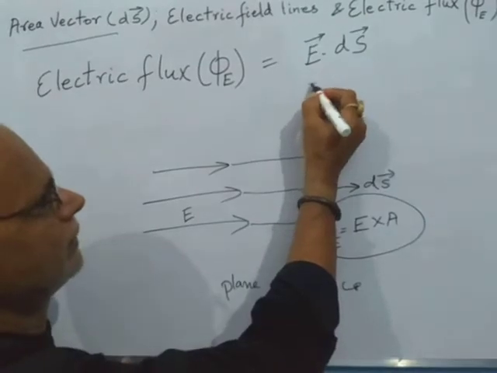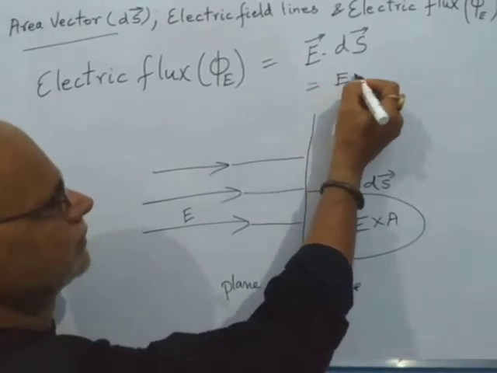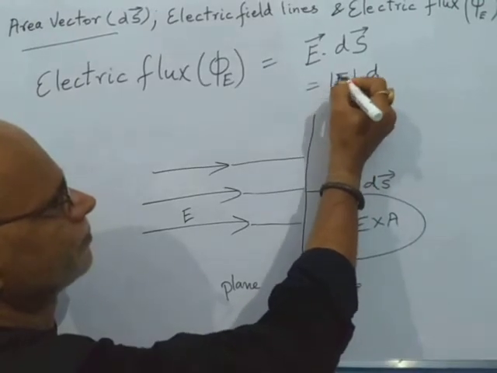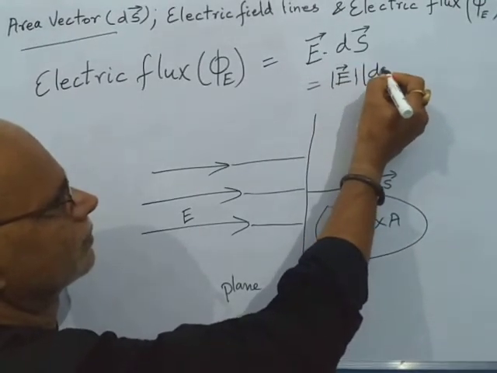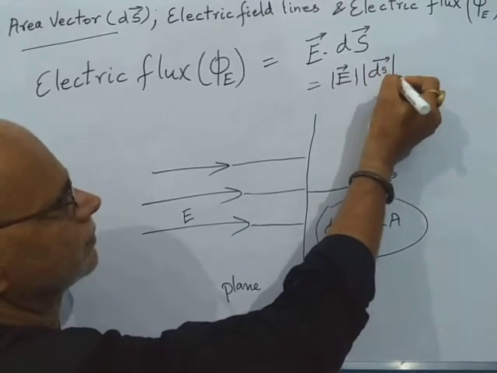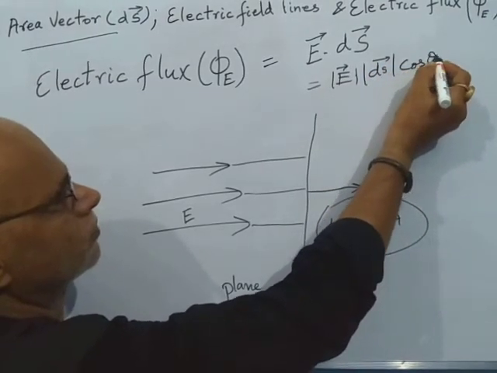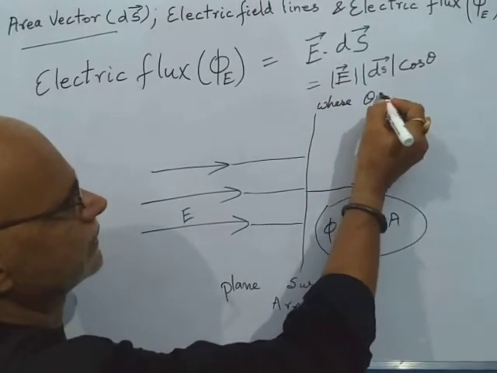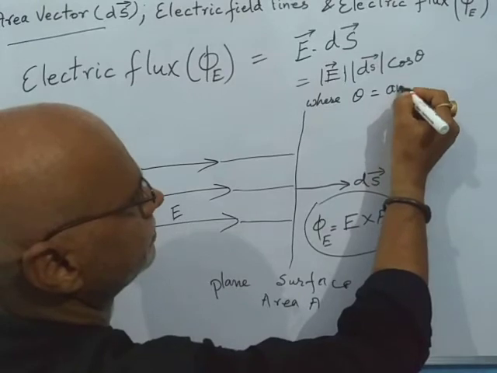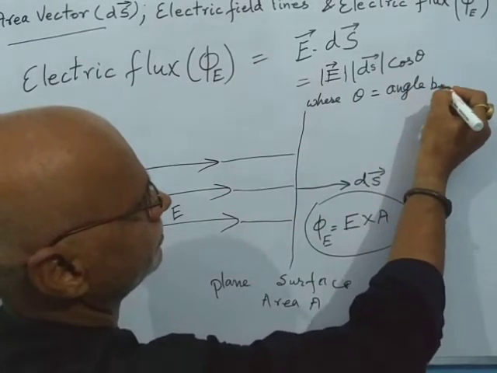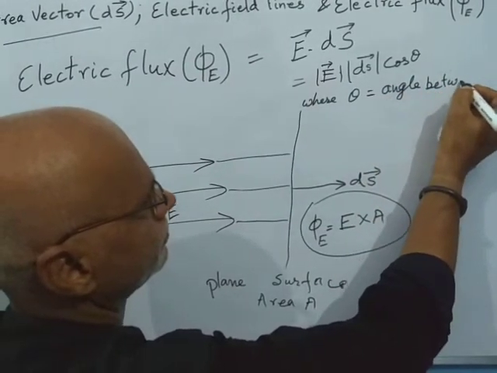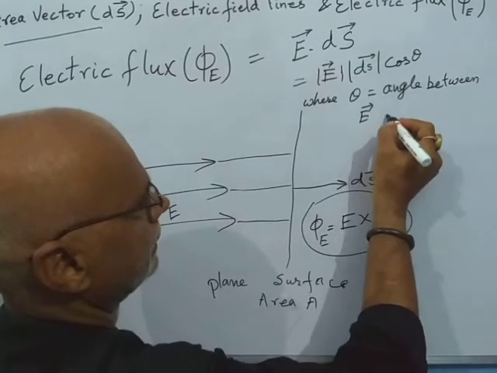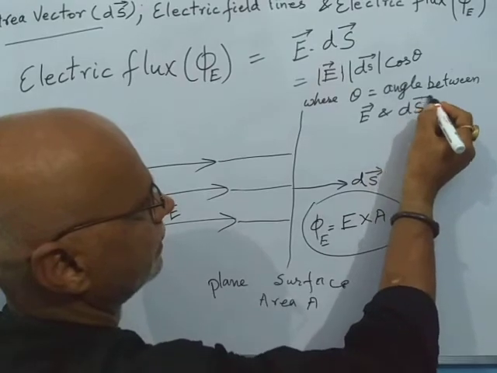So if we expand this expression, we have E dS cos theta, where theta is the angle between the electric field and the area vector of the surface.